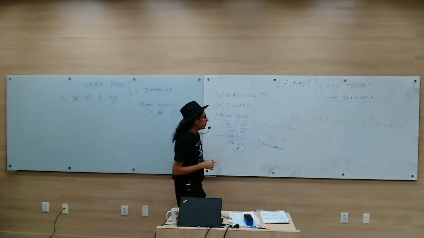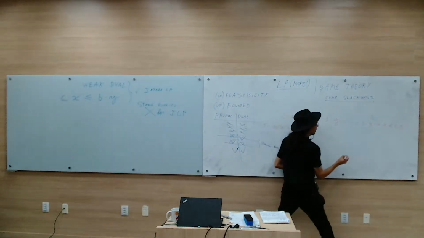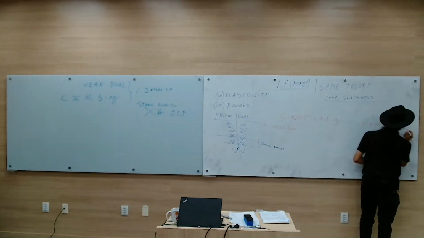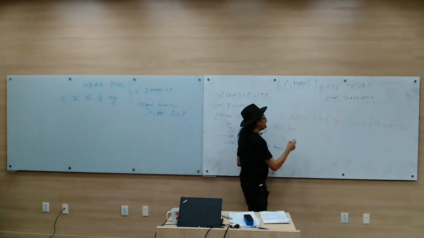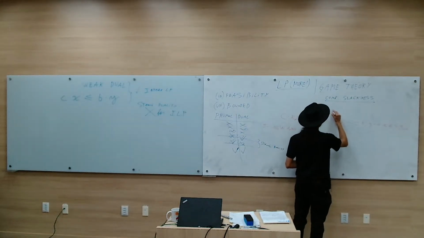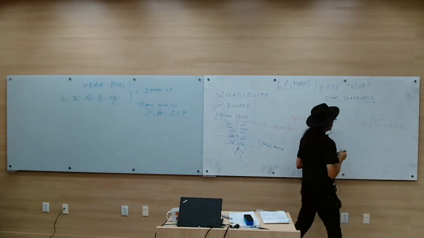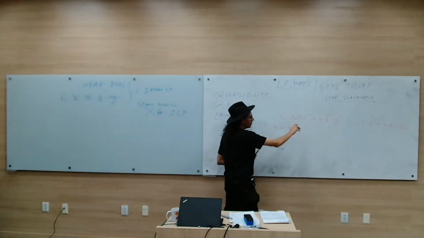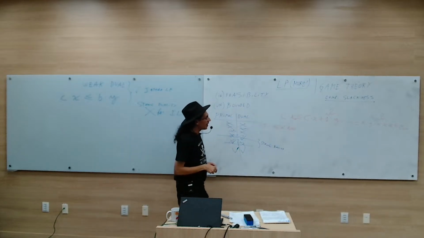Well, if you look carefully, if you know that you are dealing with an optimal solution here and an optimal solution here, then all of these are equalities, by strong duality, which means that this has to be 0 and this has to be 0. Right? Because those are the only places where there could be a gap, basically.